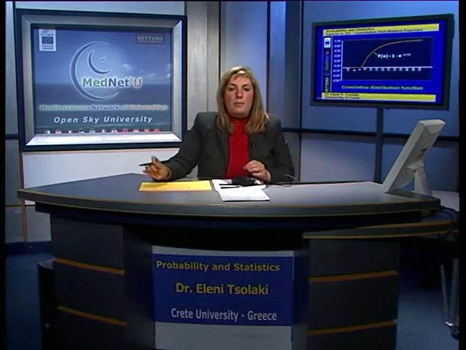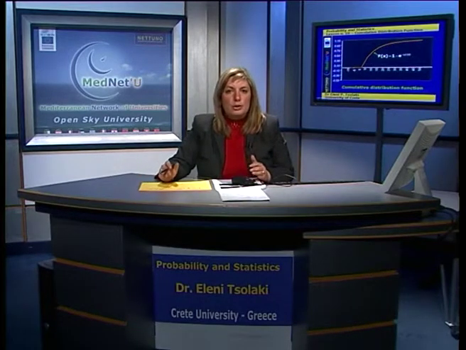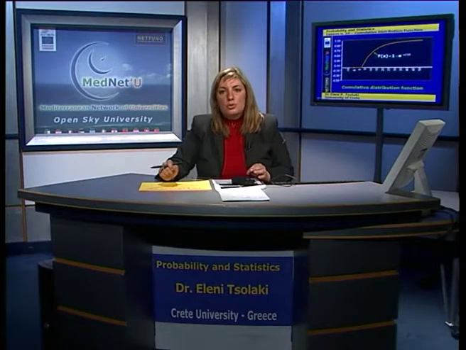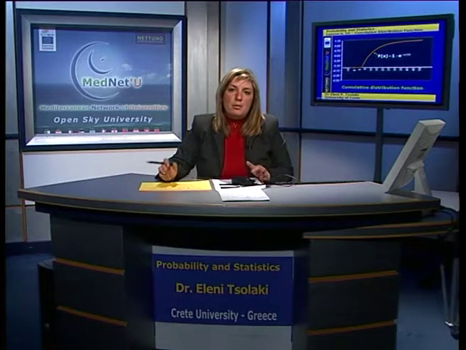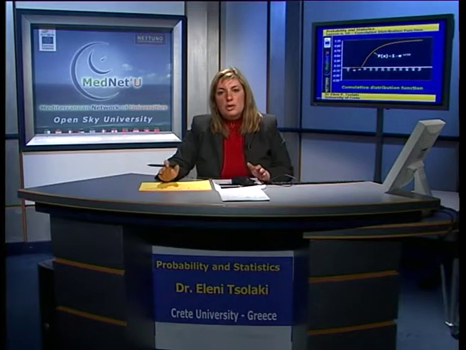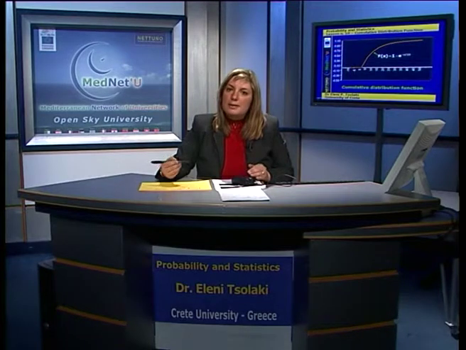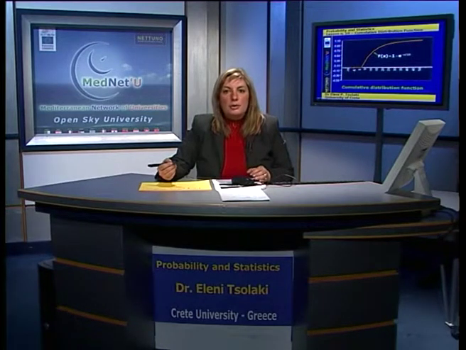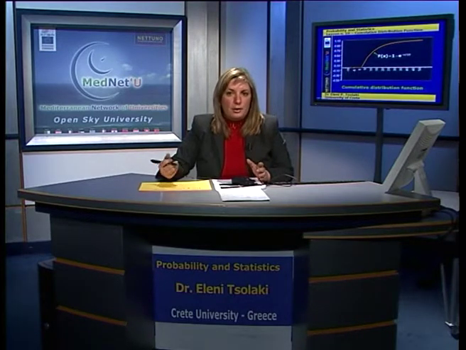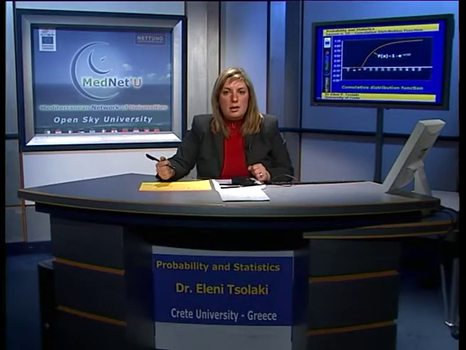Now for this example, we are going to calculate the cumulative distribution function and then use this to find probabilities. When we want to find, for example, the probability of x less or equal than 2, instead of using the probability density function to find these probabilities, as it is more difficult to do this, it would be much easier to use the cumulative distribution function.